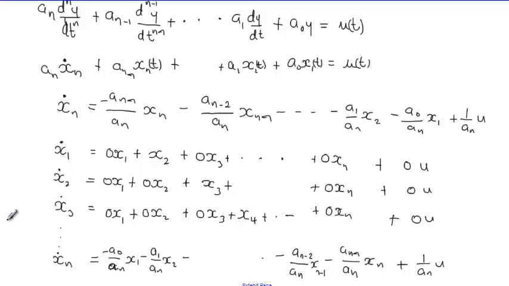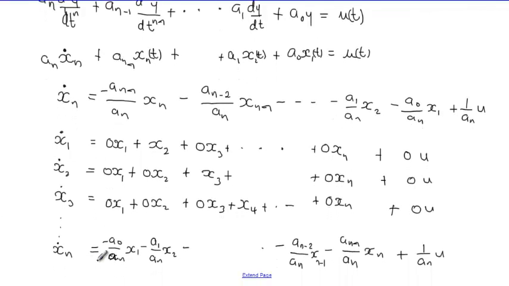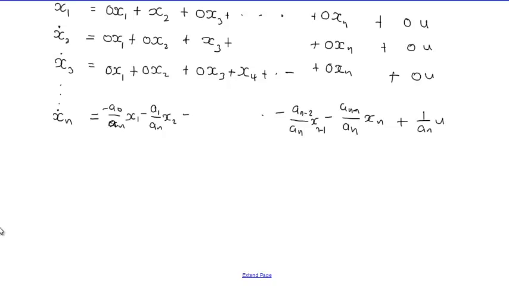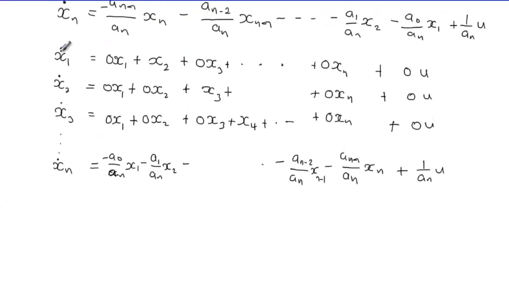So now in this representation we have first order derivatives in a column form, which we can put as x1 prime, x2 prime up to xn prime, as a column matrix this way.